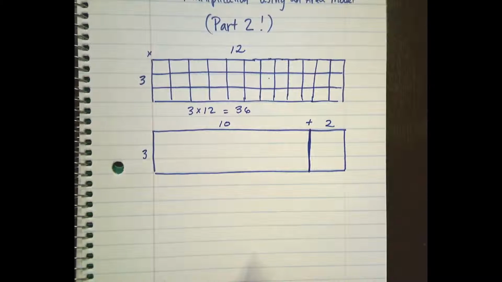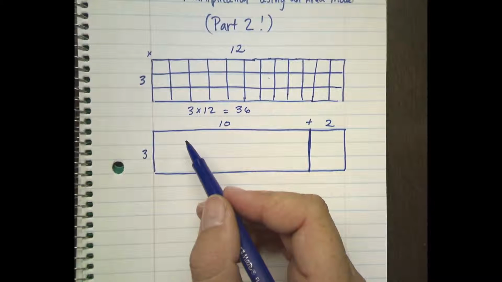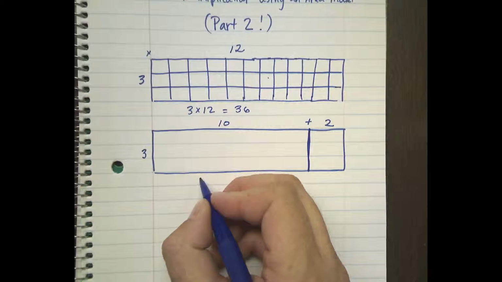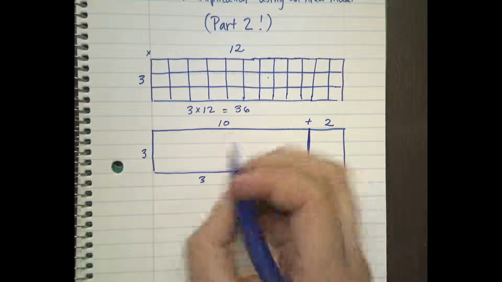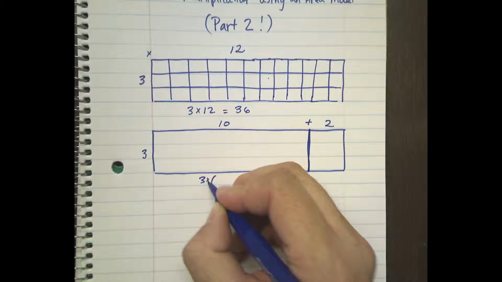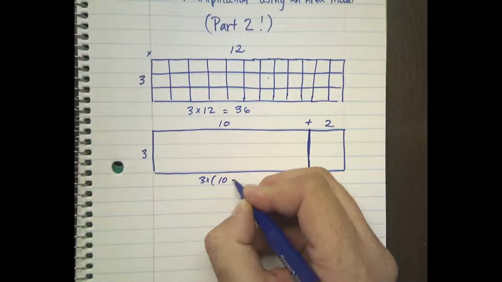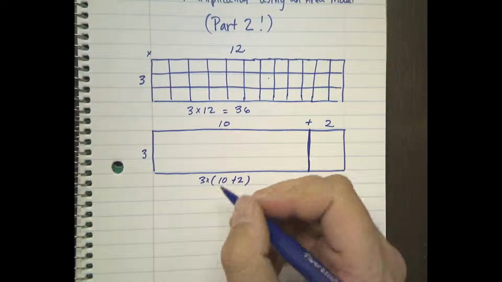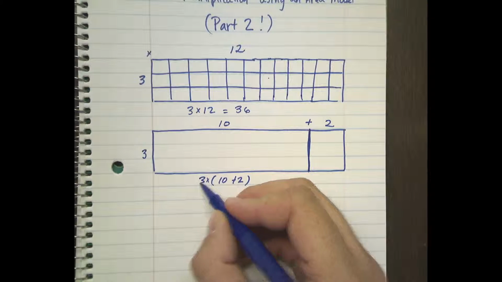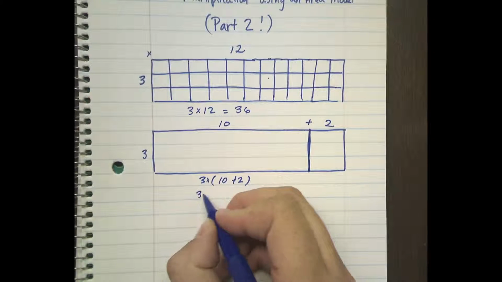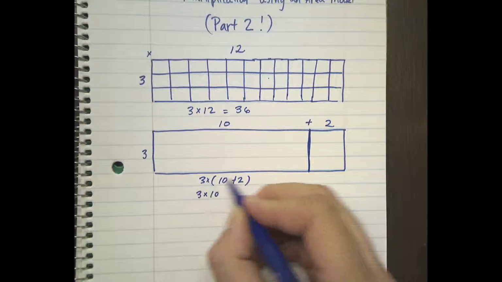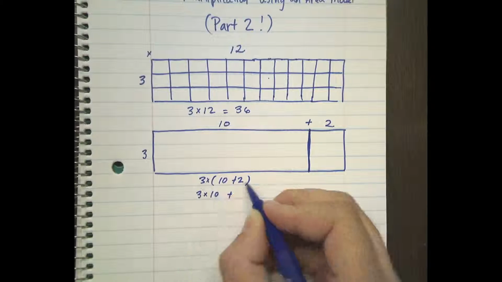So when we solve it, we can solve it how we've done it before. So 3, okay, we have our 3 side, and then our 12 is just the 10 plus 2. So multiply by 10 plus 2, and we can then use our distributive property and say, well, 3 times 10, plus our 3 times 2.